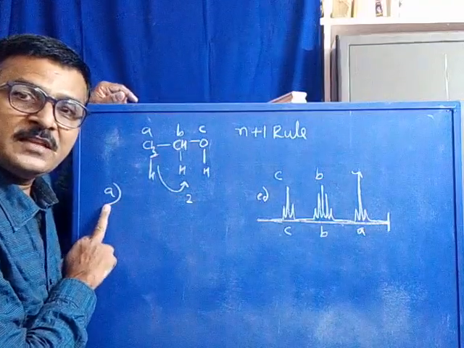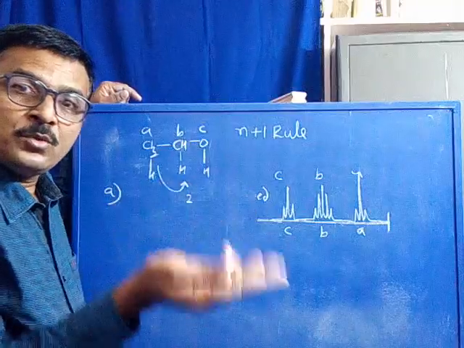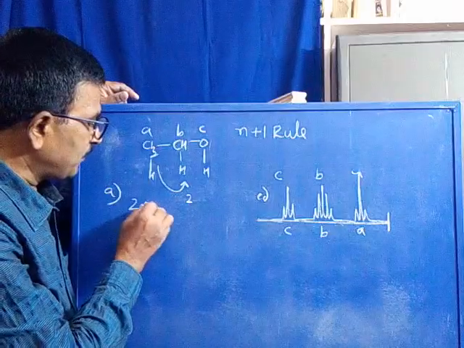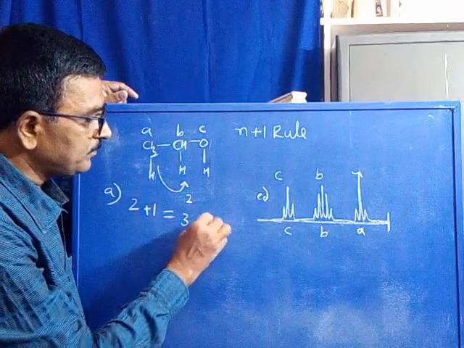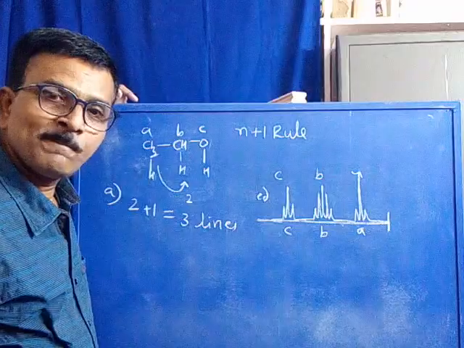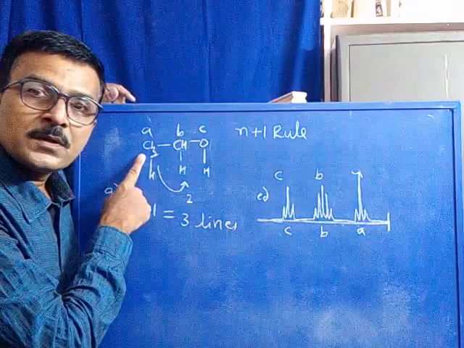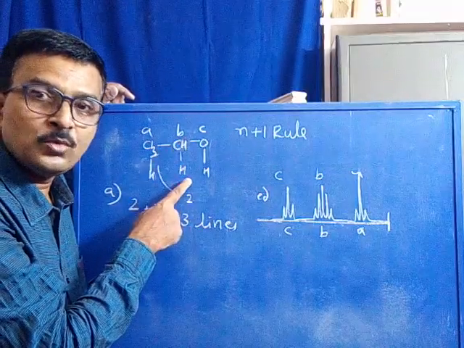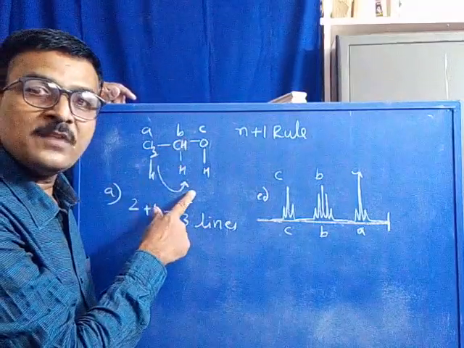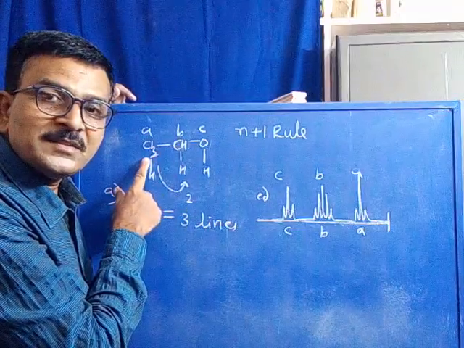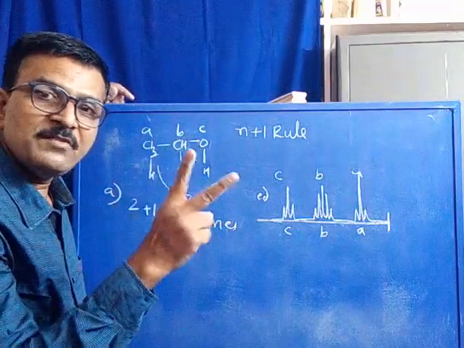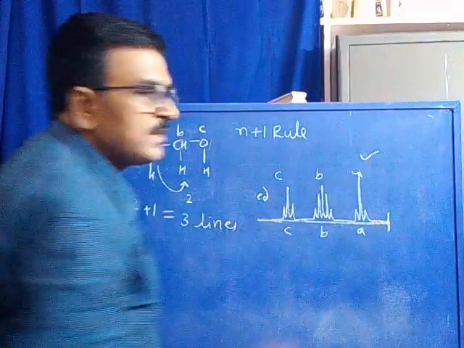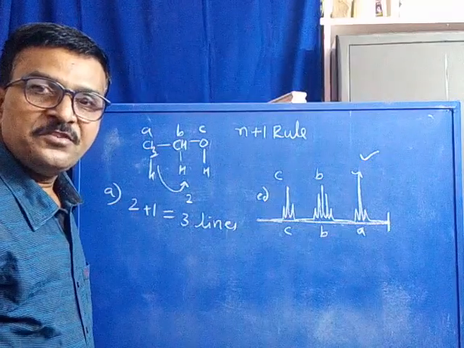Therefore, CH3 proton is coupled with its 2 adjacents, so the n value is 2. Therefore, n+1 is equal to 2 plus 1, which is 3 lines. Are you following? CH3 proton is coupled with how many adjacents? There are 2 adjacents, as CH2 has 2 protons. So the n value for CH3 is 2. n plus 1, 2 plus 1 is equal to 3 lines. Therefore, the CH3 signal appears as 3 lines.